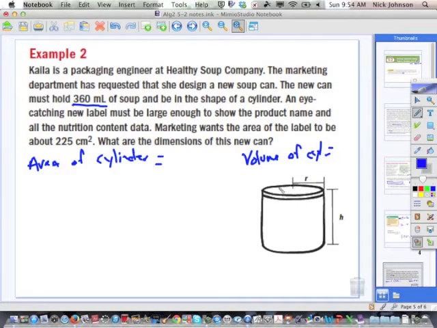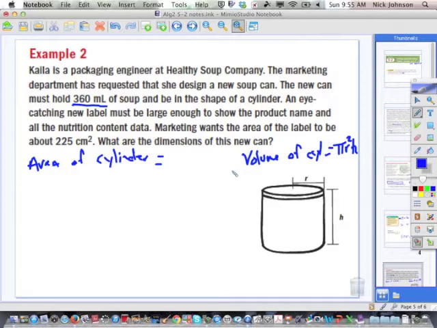Okay, so we need to know those two things. If you didn't have Mr. Johnson, guess what you would have to do? Probably look it up on your computer, sorry. But since you have Mr. Johnson sitting right here talking to you, volume is pi r squared h. And for those of you that don't believe me, go ahead and look it up.